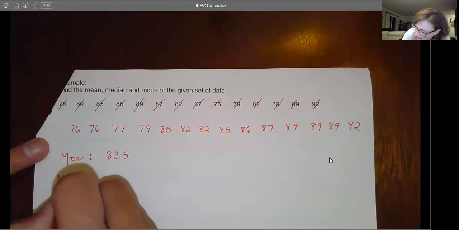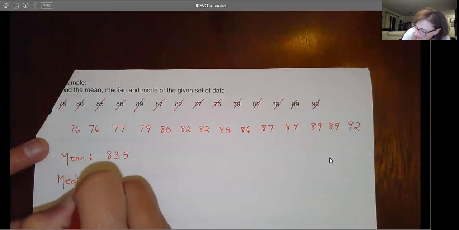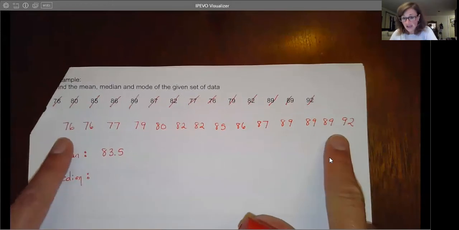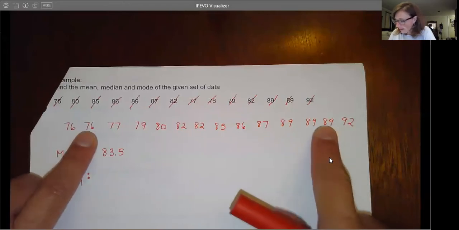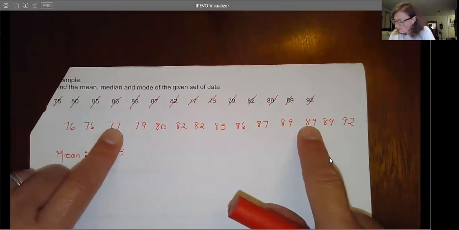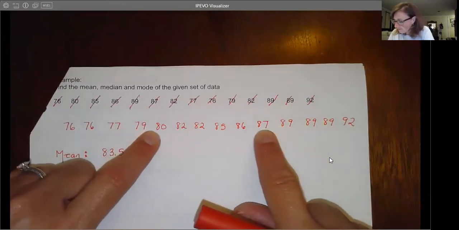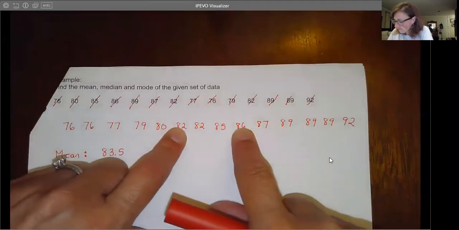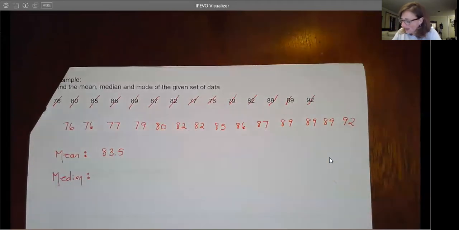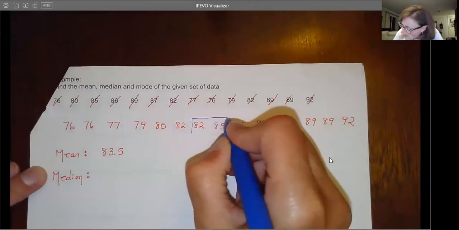The median is the middle. Now there's an even number of pieces of data, so I'm going to work my way to the middle. Okay, so it's the 82 and the 85.